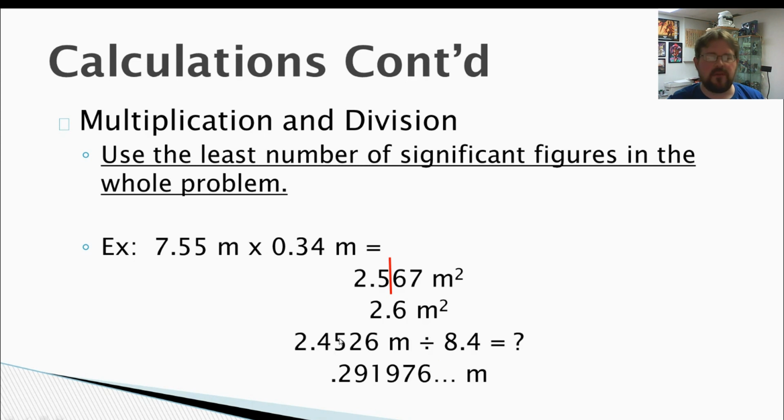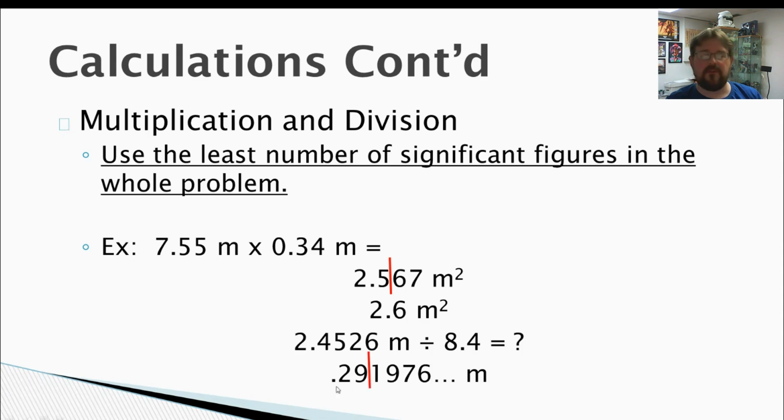2.4526, 1, 2, 3, 4, 5 significant figures in that first number. The second number, 8.4, only has 2 significant figures in it. Between 5 and 2, what's your least number of sig figs? The answer is 2. Our answer can only have 2 significant figures. We go down to our answer. We've got a 2. That's our first sig fig. 9. There's our second sig fig.